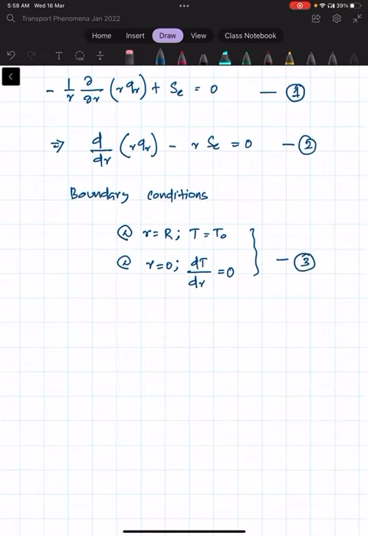Now using these boundary conditions, equation number 3, you can solve equation number 2. You can either substitute QR in terms of Fourier's law of heat conduction, or do it later.